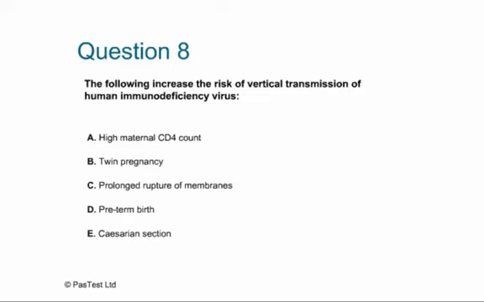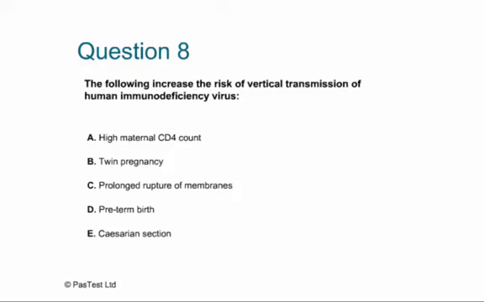Approximately 1/3 of vertically transmitted cases of human immunodeficiency virus are transmitted across the placenta, and 2/3 during birth. The risk of vertical transmission is increased by low maternal CD4 counts, high maternal viral load, rupture of membranes, preterm birth, vaginal delivery, and no or inadequate maternal antiretroviral treatment.